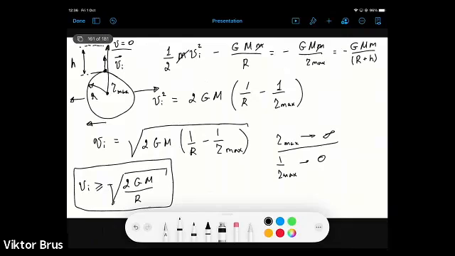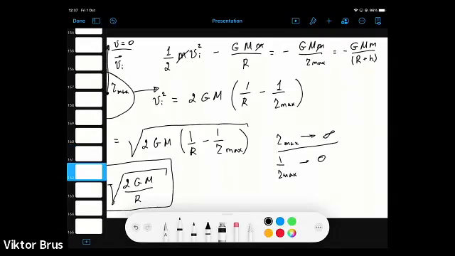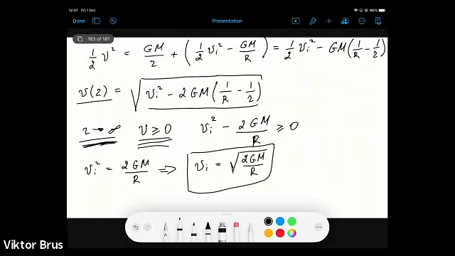for escape velocity based on the conservation of total mechanical energy, which shows how useful it can be in certain cases, because definitely it was much easier and way more straightforward to get this expression by applying the conservation of total mechanical energy.